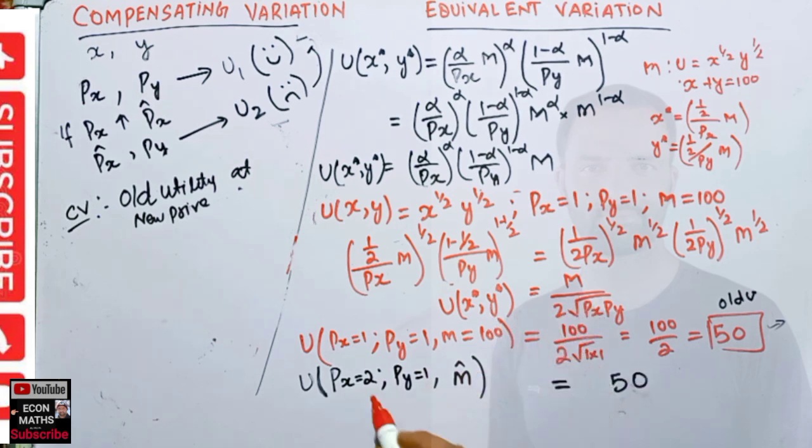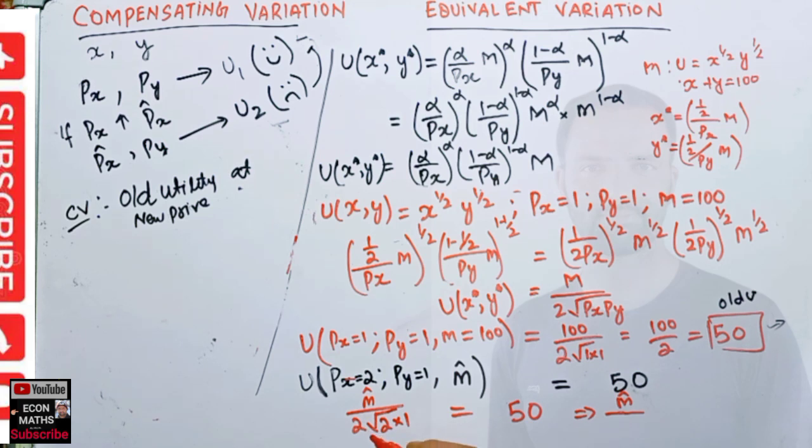So in place of m we have m dash upon, price of x is 2 this time, and price of y is 1, should be equal to 50.